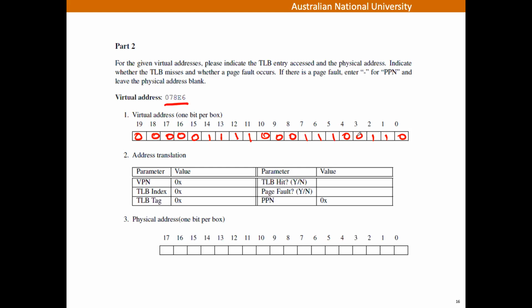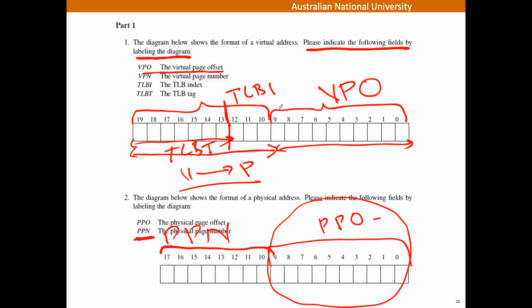The first thing the CPU does when it gets a virtual address is translate it, so it accesses the TLB. Which bits do I need to access the TLB? Bits 10, 11, 12, right?